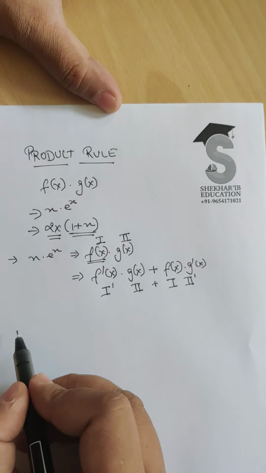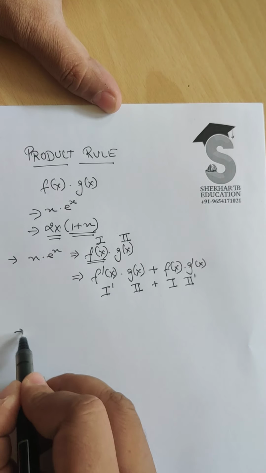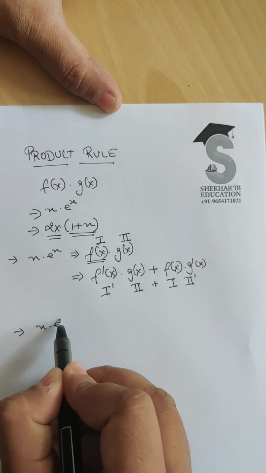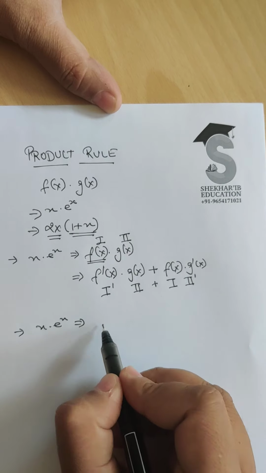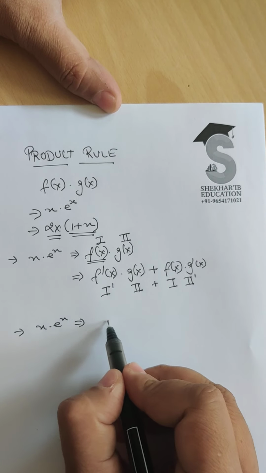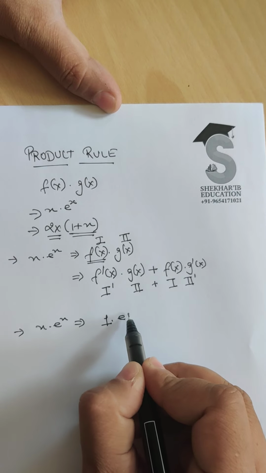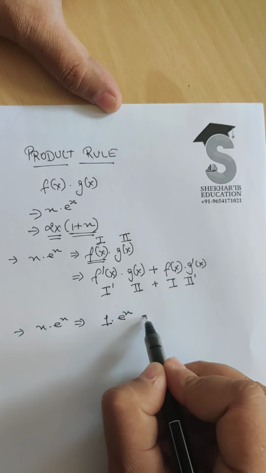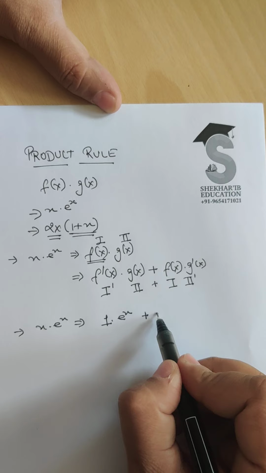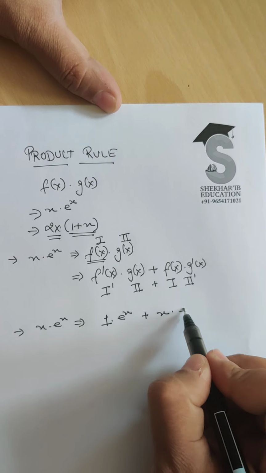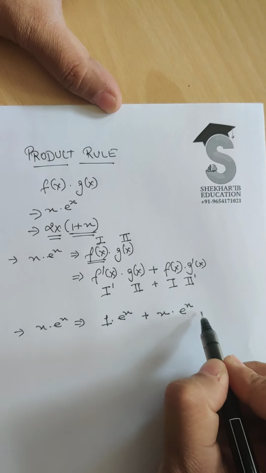Now let's go further. So x into e to the power x, when we differentiate this, we will get differentiation of x as 1 times e to the power x, plus now we will keep x as it is and differentiate e to the power x.